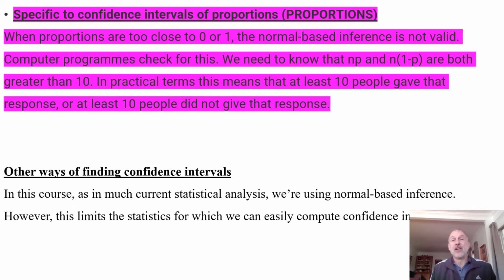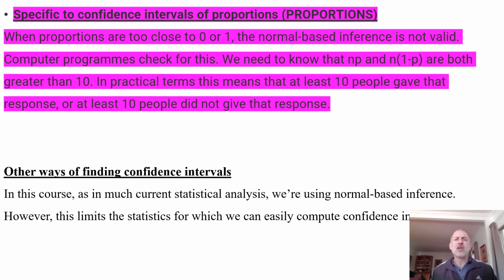Computer programs luckily check for this, but we need to know that n multiplied by p and n multiplied by 1 minus p, in other words, I told you the two together should always be 1, are both greater than 10. In practical terms, this simply means that at least 10 people gave that response, or at least 10 people did not give that response. Exactly, now it will be very clear to you.